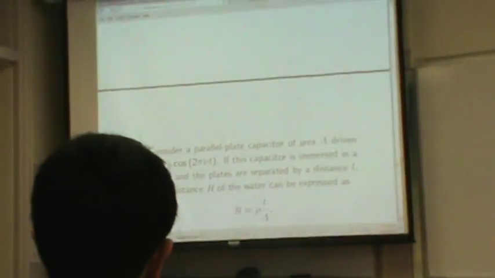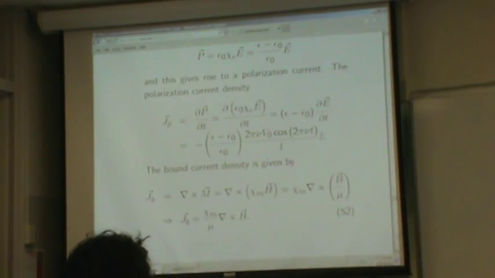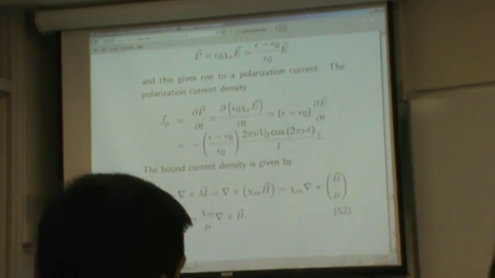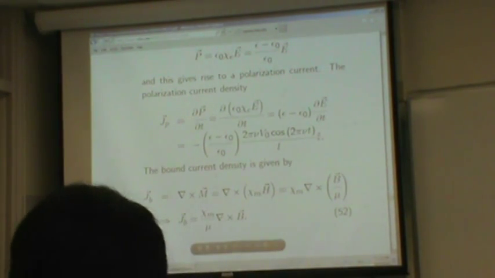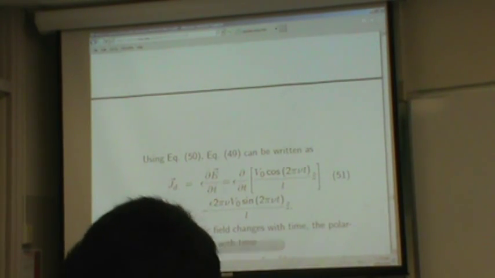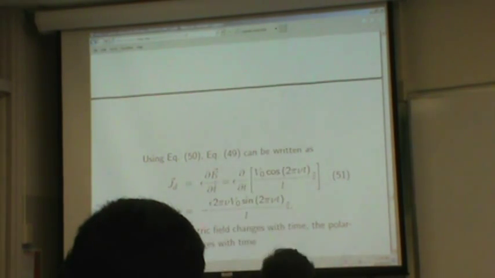from the previous chapter, finding the ratio of the conduction current to the displacement current. And this is how you determine the displacement current.